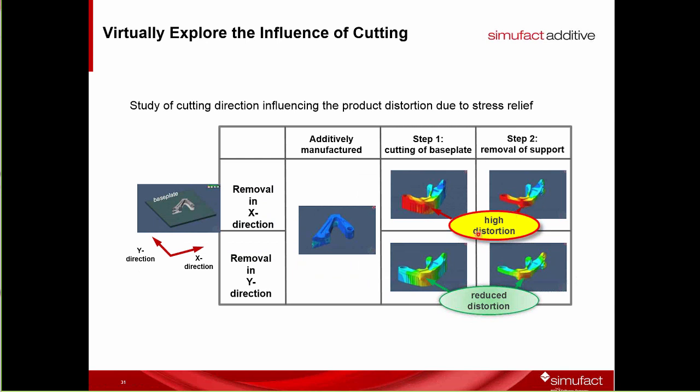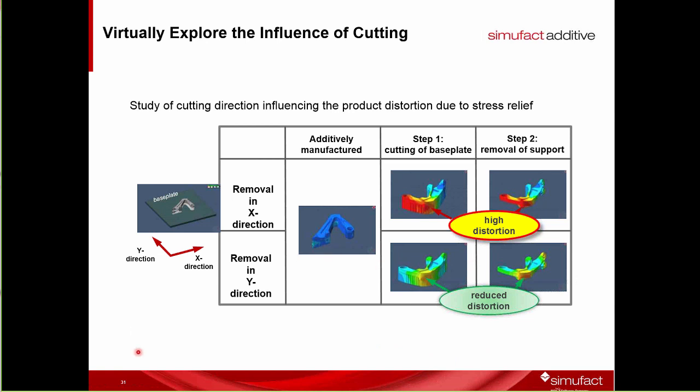Other things we can do is take a look at that part and at cutting it off the base plate, and see whether cutting it off in the X direction or in the Y direction is more optimal in terms of reducing the amount of distortion in the configuration.